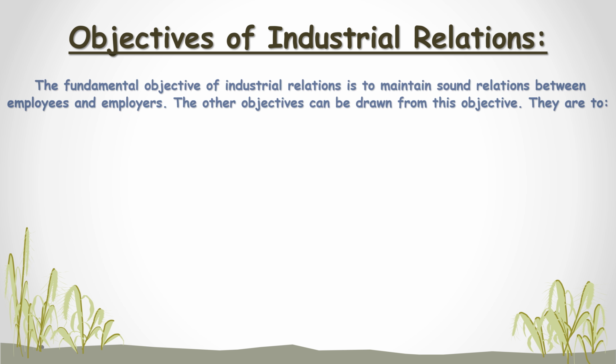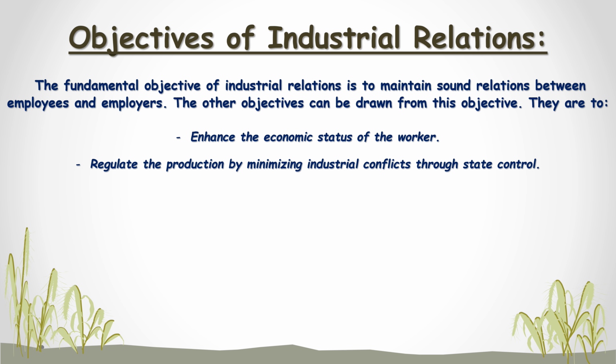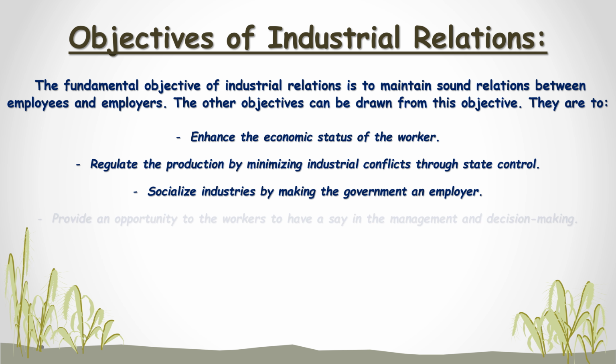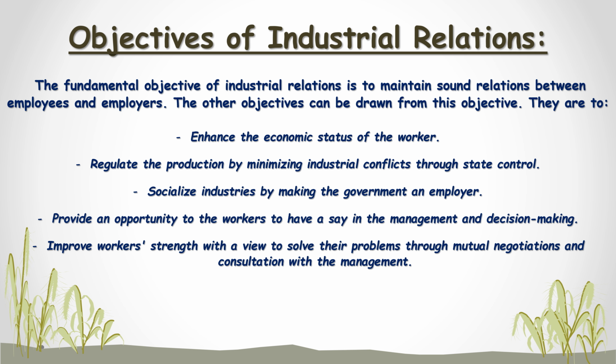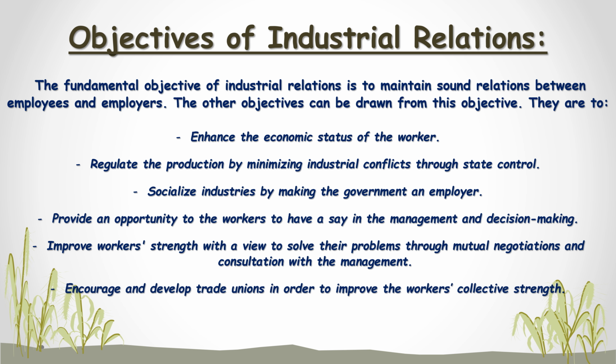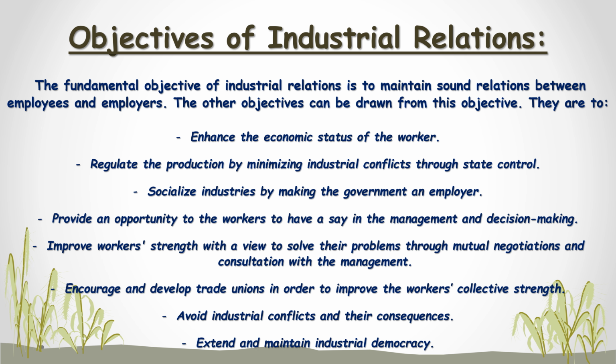They are to enhance the economic status of the worker, regulate the production by minimizing industrial conflicts through state control, socialize industries by making the government an employer, provide an opportunity to the workers to have a say in the management and decision-making, improve workers' strength with a view to solve their problems through mutual negotiations and consultation with the management, encourage and develop trade unions in order to improve the workers' collective strength, avoid industrial conflicts and their consequences, and extend and maintain industrial democracy.